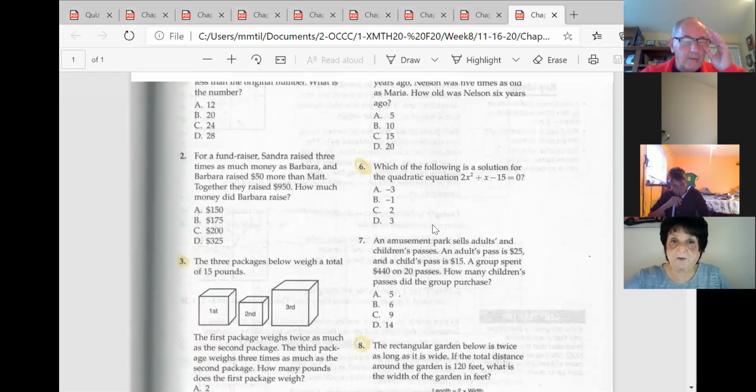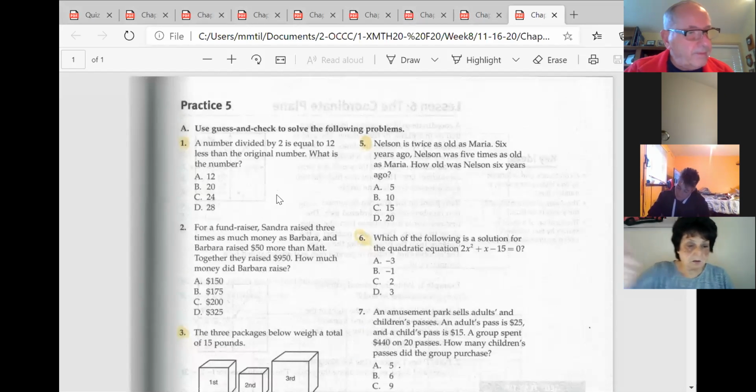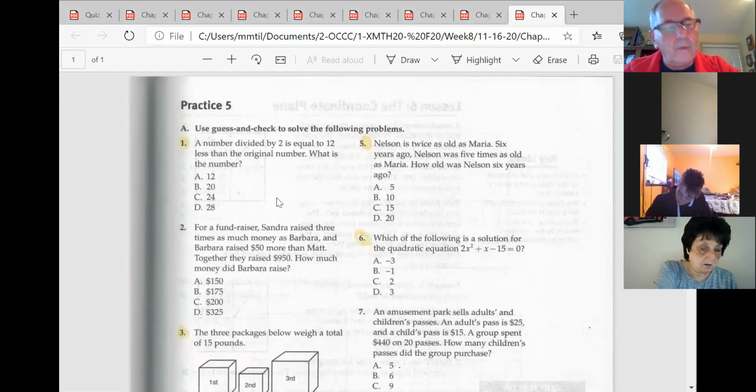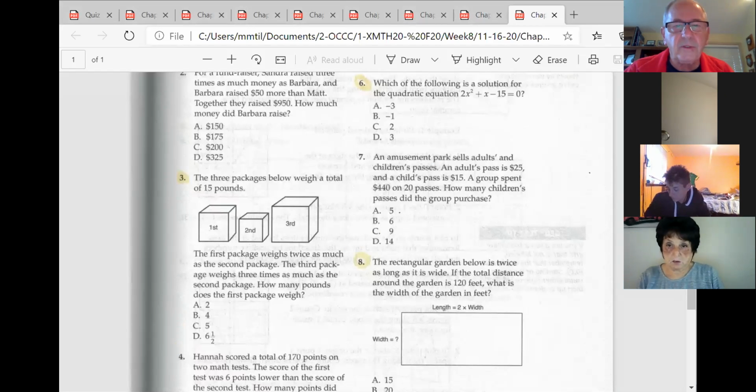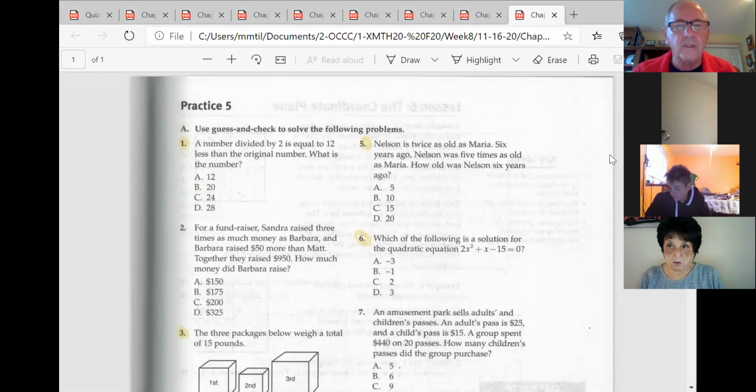Because those have something to do with a quadratic equation, and they shouldn't be complicated to do. Some of this stuff is not easy to do, and it doesn't make any sense. There's nothing to really follow. So let's do one together, okay?